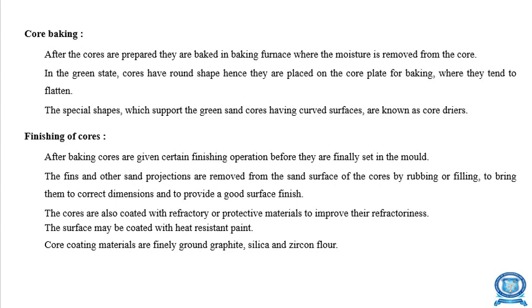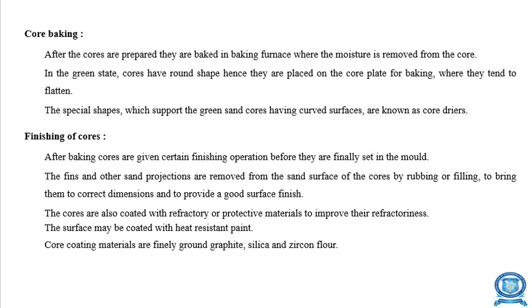Finishing the core, next step. After baking, cores are given certain finishing operations before they are finally set in the mold. The fins and other sand projections are removed from the surface of the core by rubbing or filing to bring them to correct dimension and to provide a good surface finish.